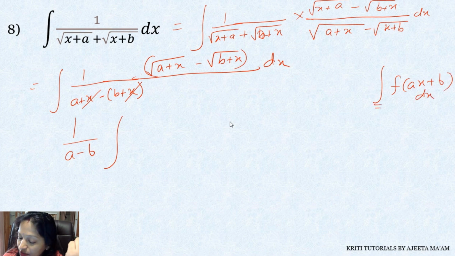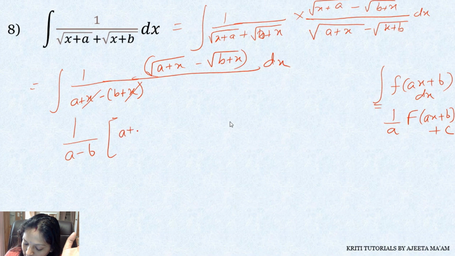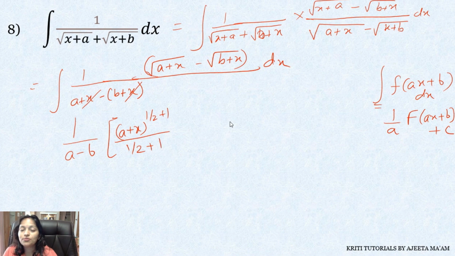What is the integral of f of ax plus b dx? 1 upon a f of ax plus b plus c. So now what will you get here? Simply the integral. Okay, I am writing. So a plus x raised to half plus 1. Simply the power rule. No constant will come along with this because the coefficient of x is 1. Same thing is here. The coefficient of x is 1.